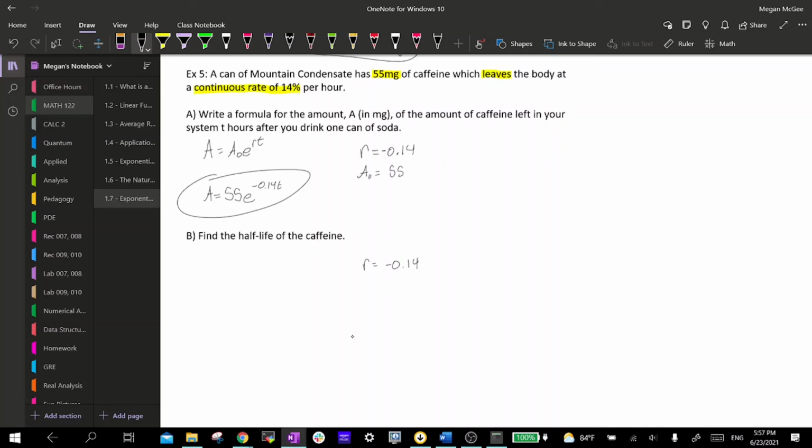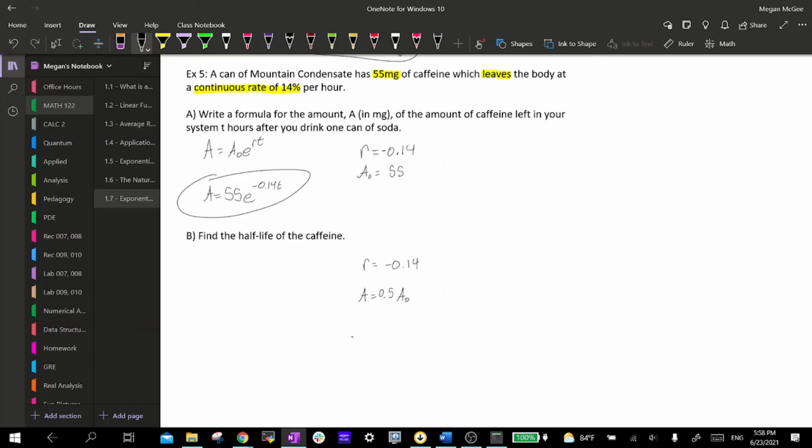The half-life of caffeine, so that's A, is going to be 1/2 of what we started with, A naught. You could use this as a decimal if you wanted to, 0.5 of A naught. It's just half of what we're starting with. You could plug in 55 for A naught if you wanted to, but I'll show you in a moment. It's similar to finding the doubling time, where it doesn't matter what we start with exactly.